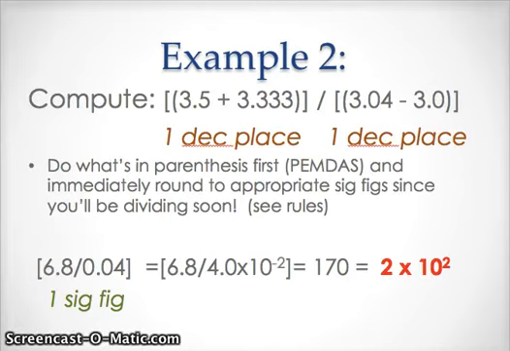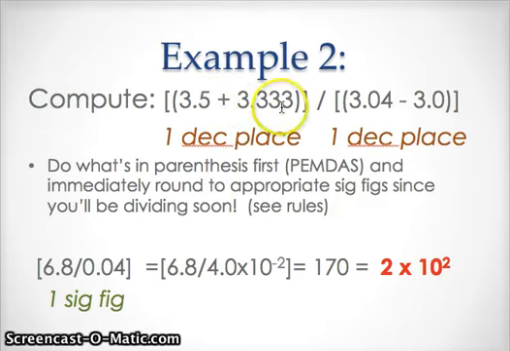Now here's one that's a little more complicated, so you're including that second part of the complicated rules that we just talked about. It says to compute this addition and division, so you do what's in parentheses first.